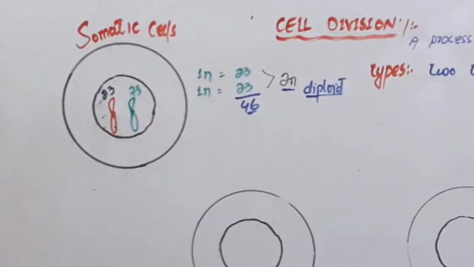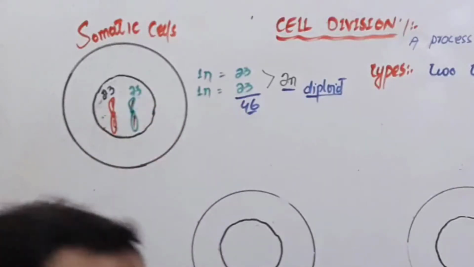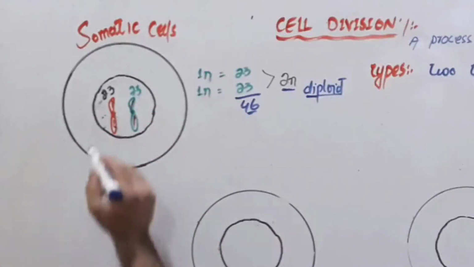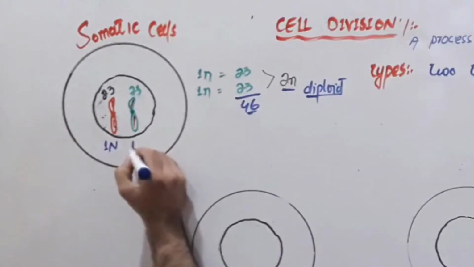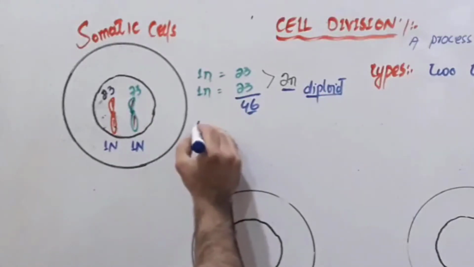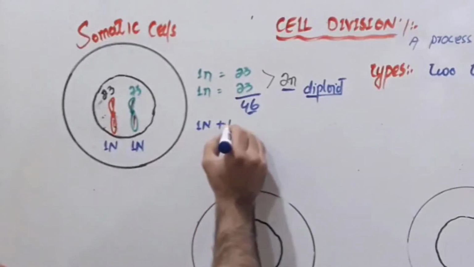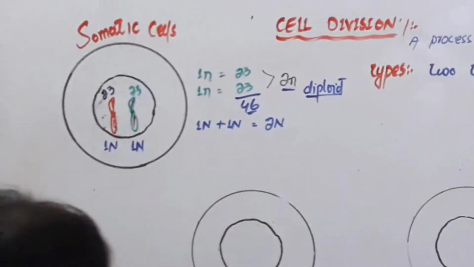Clear? And both of them have their DNA inside. This is the DNA. So dear friends, one capital N of DNA comes from the father's side and one capital N comes from my mother's side. So I have one capital N from father, one capital N from mother, and a total of 2 capital N, right?